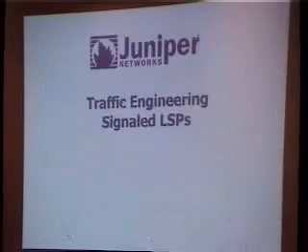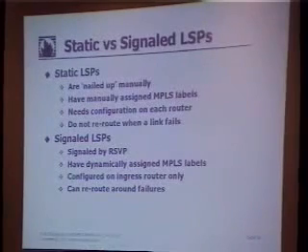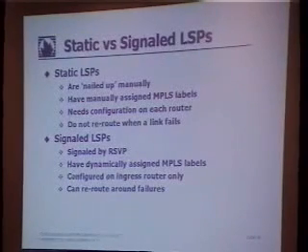So I think we get into some signaling here. So I mentioned you can set up these tunnels statically or via signaling methods. There's obvious drawbacks to doing it statically, just like in the ATM world, where you manually have to configure every router along the path, and if things were to break, there's no rerouting around it because these are nailed up.